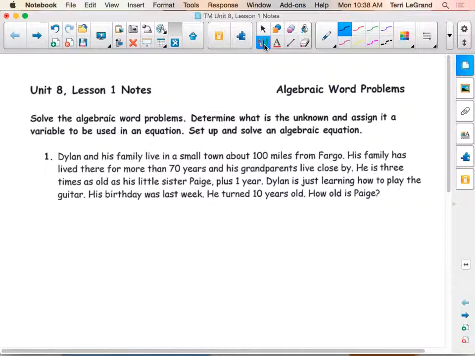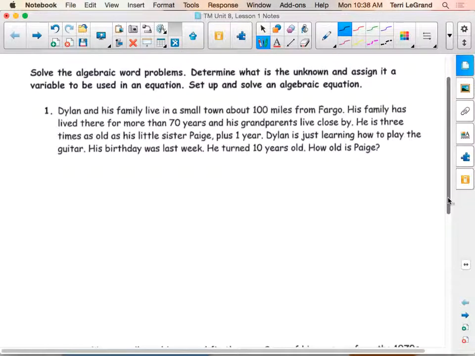So we are going to solve some word problems today, and there's going to be some word problems in your homework for you to do also. So we're going to practice these. It says, determine what is the unknown and assign it a variable to be used in an equation. Would you underline that, please? Determine what is the unknown and assign it a variable to be used in an equation.